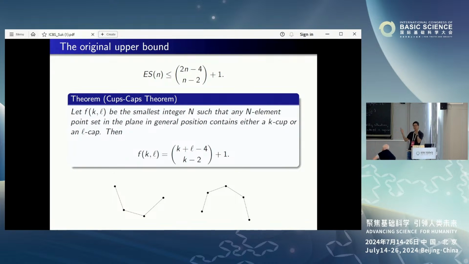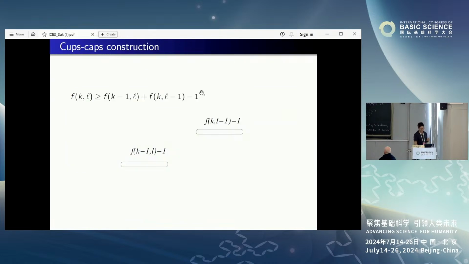So I'll sketch a construction of a point set that doesn't contain large cups or caps. The recursive construction usually takes points in the plane in general position that do not contain this one.